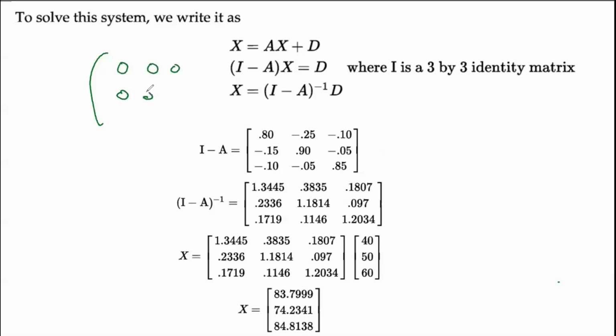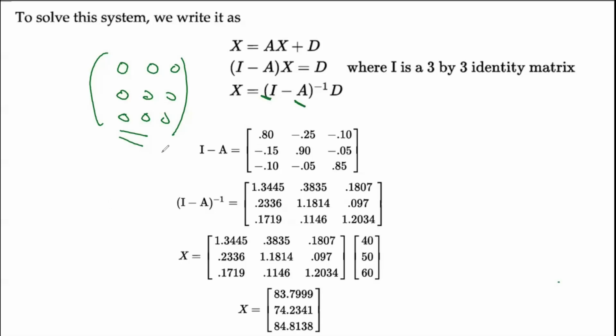For addition and subtraction, if you were to add anything to this or subtract anything from this, it remains the same. But in this case, you are subtracting A from I, so you will have a difference.